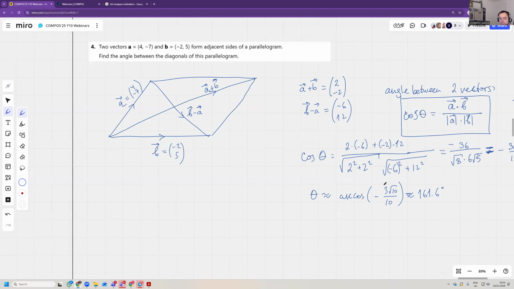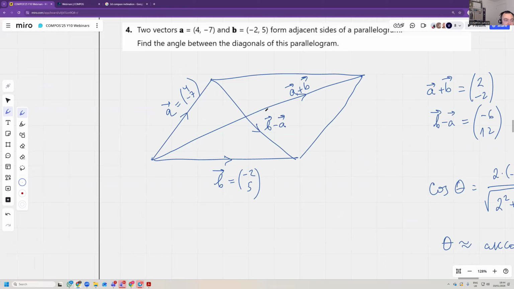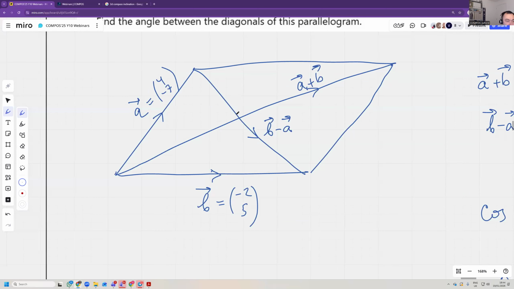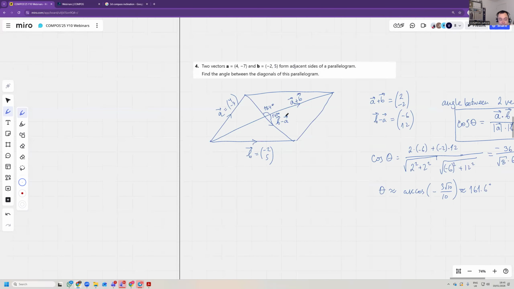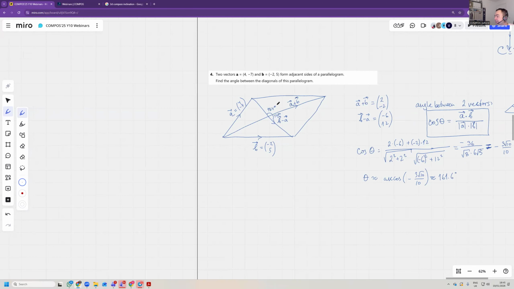So we have found the wrong angle. We actually found this angle, which is 161 degrees. So this angle would be 180 minus that, which is 18.4 degrees here. They don't specify which angle we need, so either answer will be correct.